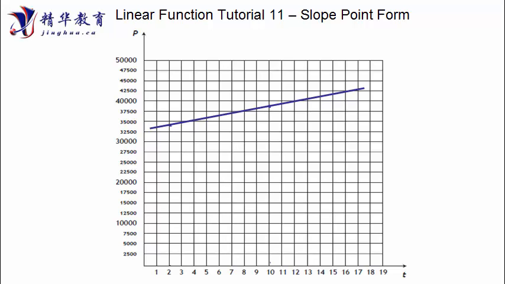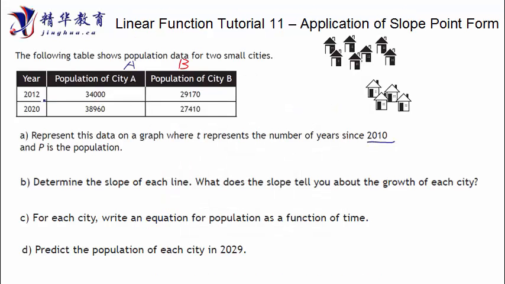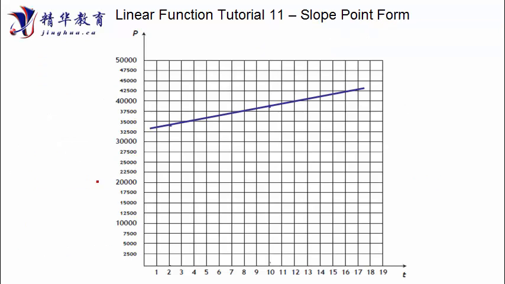What about city B? City B is the same thing. At 2012 it is 29,170. We just plot these points. I'm going to use the red color. At 2 years, 29,000 is almost 30,000, which is in here.